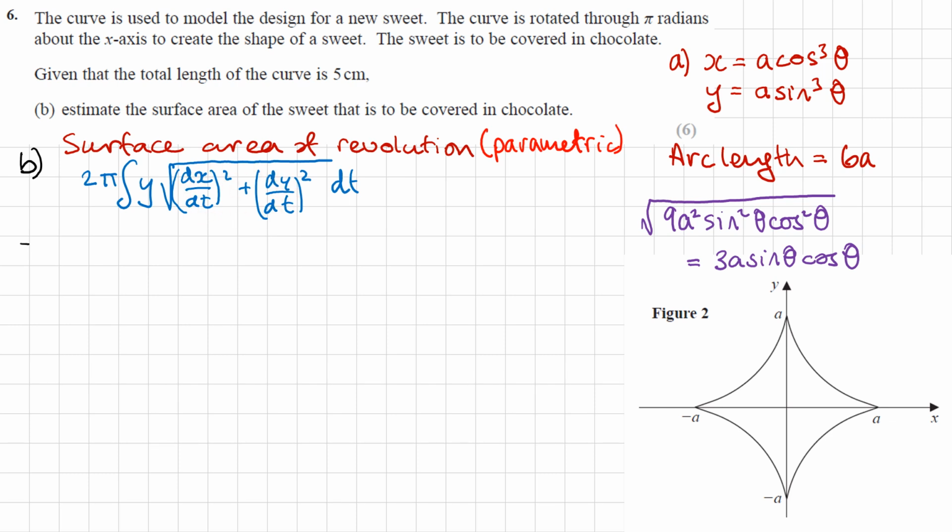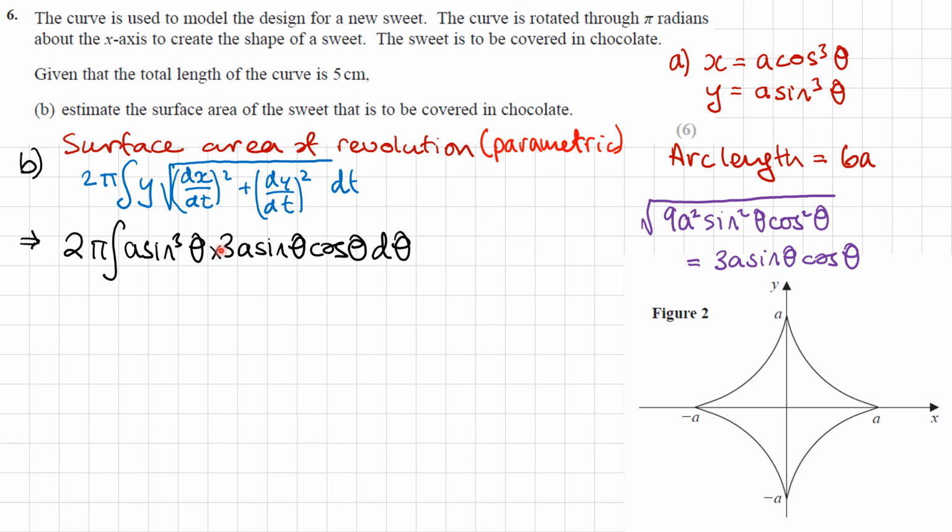Okay, so let's do that. So we've got 2 pi times by y, and y is this a sine cubed theta, and that's going to be times by 3a sine theta cos theta d theta.